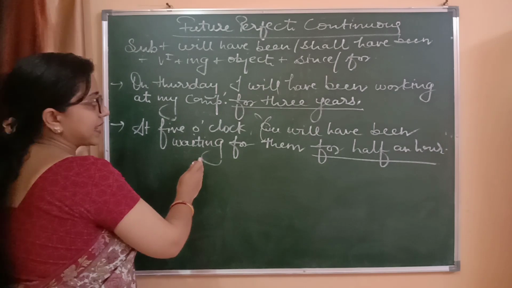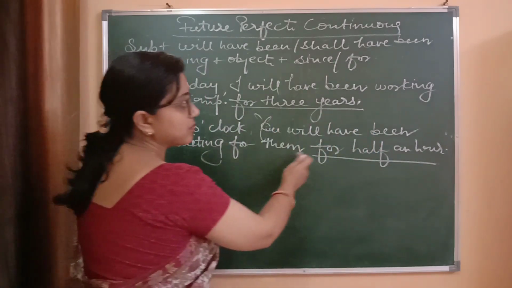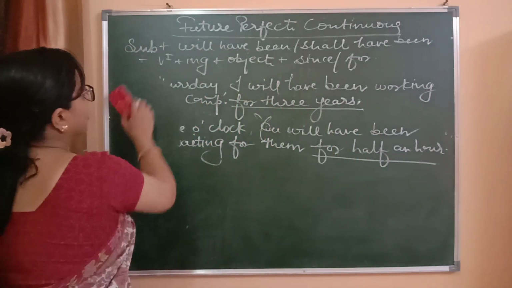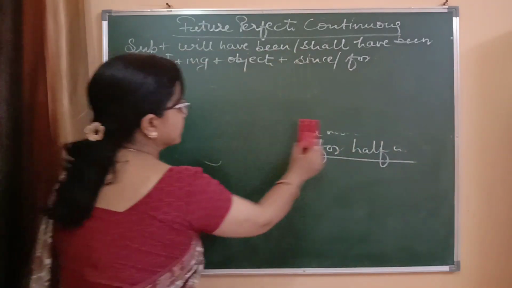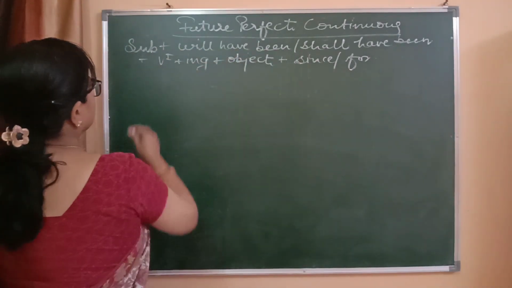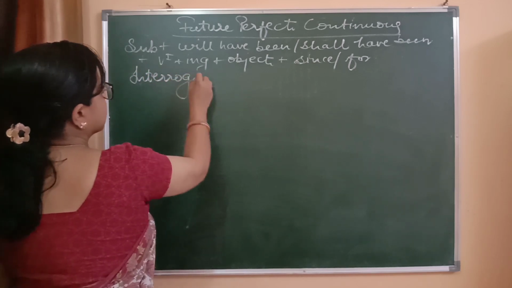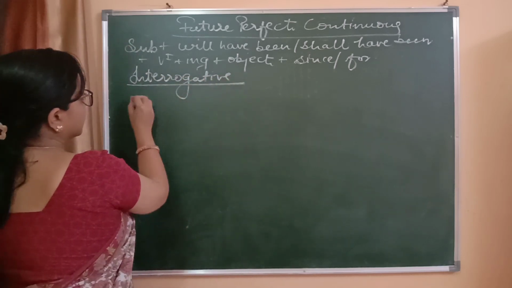Now interrogative second: will you have been waiting for them for half an hour, right? I'm writing on the board once again. Interrogative sentences. Rule scheme, look at the board.